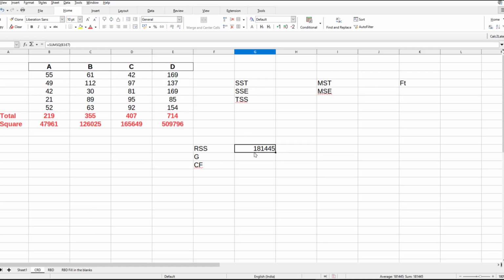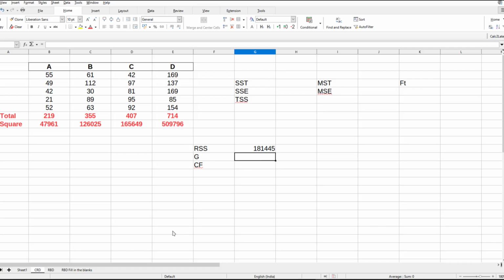So this over here, 181445 is the value of the raw sum of square. That means 55 square plus 49 square plus 42 square all the way to 85 square plus 154 square. If you do that manually, you will get the same value, right?